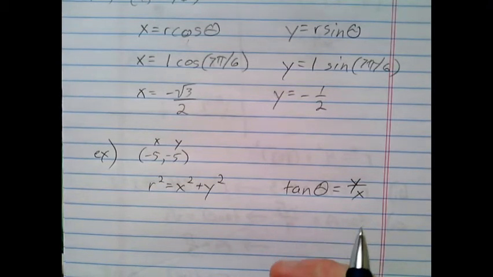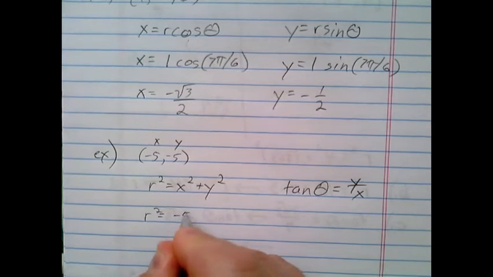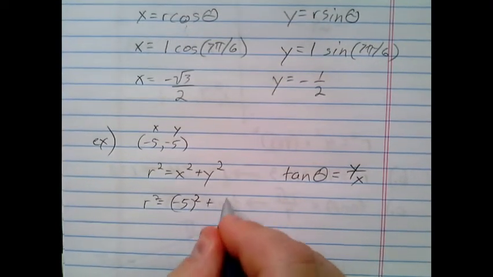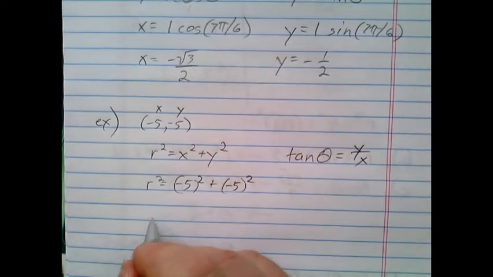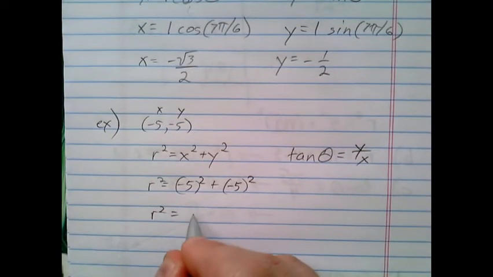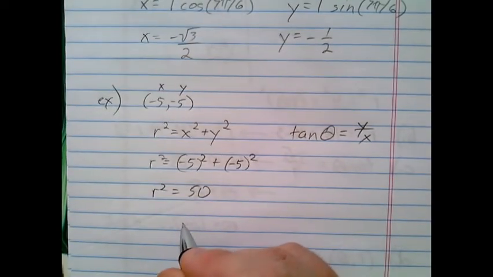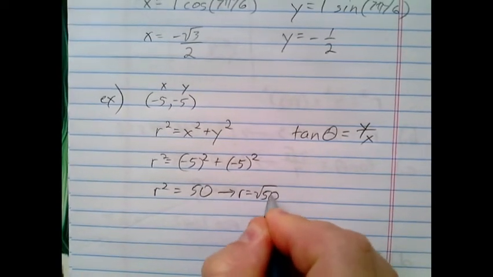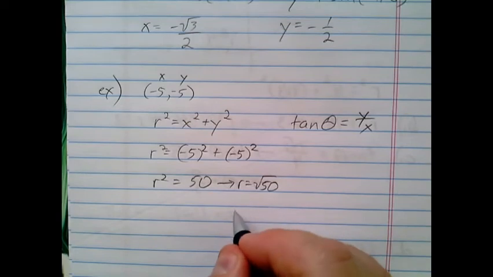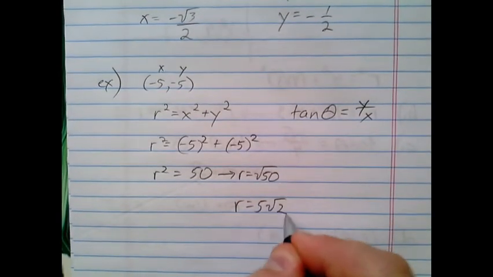Okay, so r squared equals negative 5 squared plus negative 5 squared. So that would be 25 plus 25. R squared equals 50. Now when I take the square root of 50, well, 50 is 2 times 25, so I could break that down as 5 square root 2.